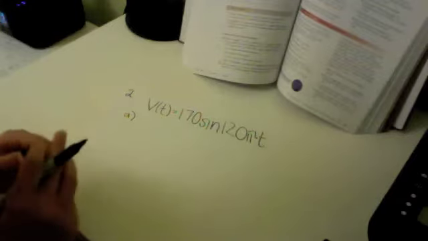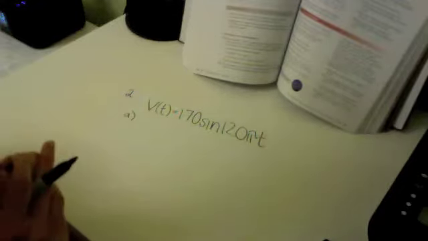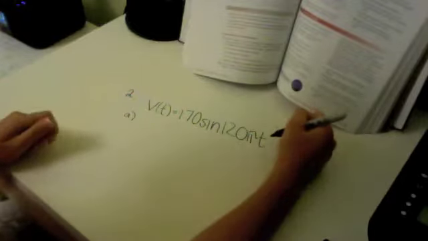Find the maximum and minimum voltage levels and the times at which they occur. So first, I'm going to take the derivative of the original equation. So we'll do that.